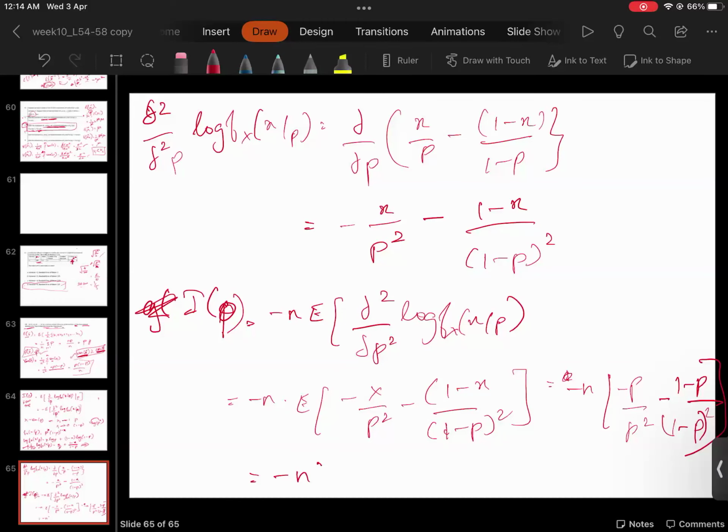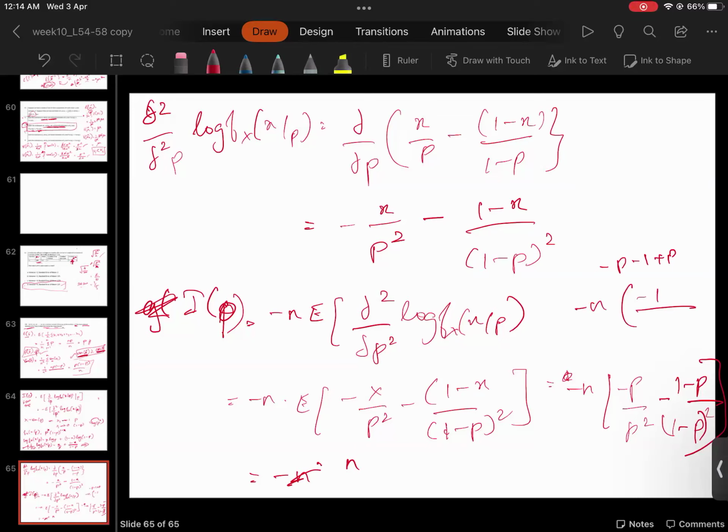Okay, when you solve this, what will you get? You will have n, minus p minus 1 plus 1. So you'll have minus 1. You already have minus n.